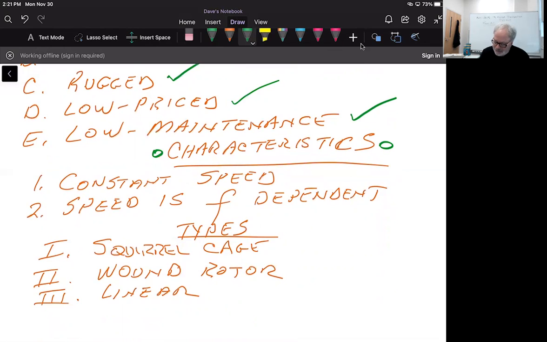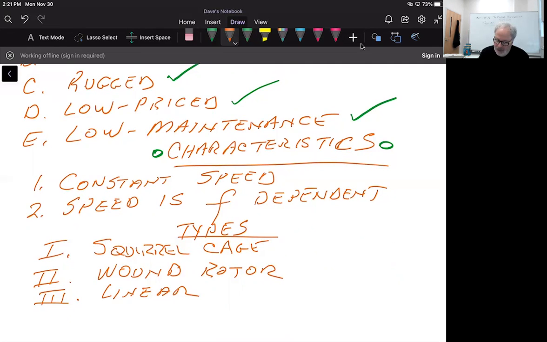And so when we looked at a DC machine, the voltage level determined the speed of that machine, right? And as we increased the voltage, the motor increased in speed. Well, what we're going to find with the AC induction motor is that it's independent, basically. Now, we'll look at a formula for that.